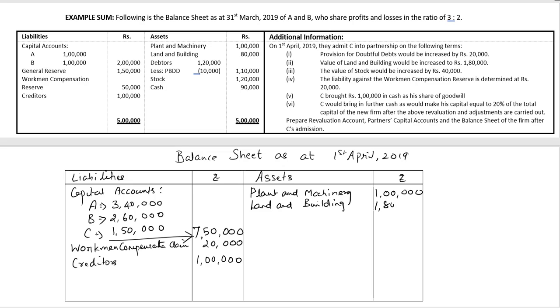So current value is rupees 1,80,000. Debtors, original figure 1,20,000 rupees, less provision for doubtful debts. Existing provision is 10,000. As per the first point, the provision for doubtful debts would be increased by rupees 20,000. So right now the provision is 30,000 rupees. On deducting, we get 90,000 rupees.